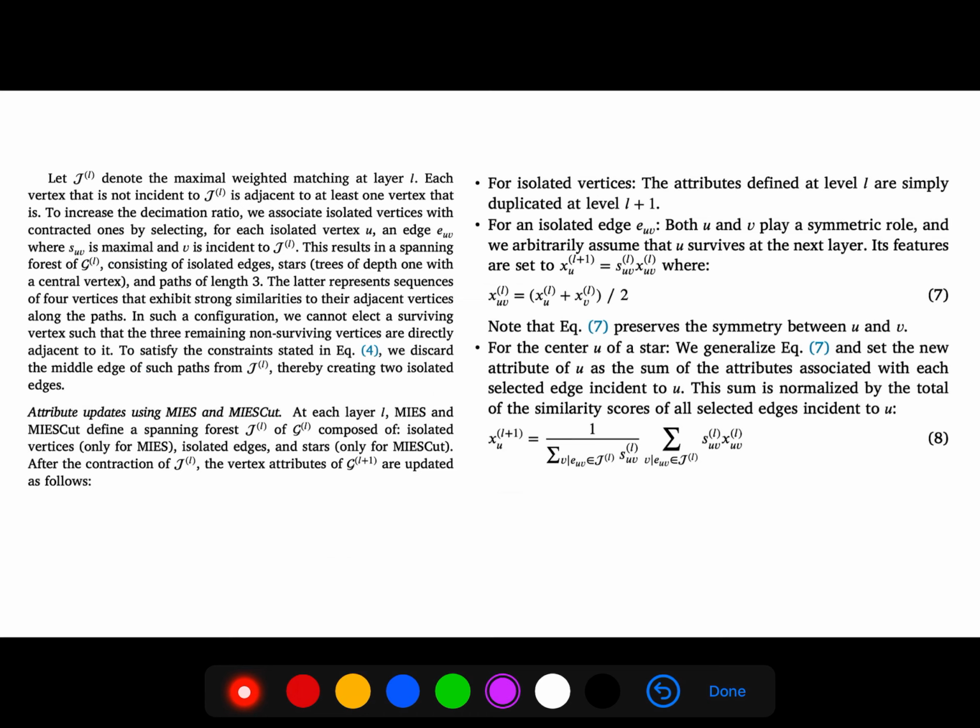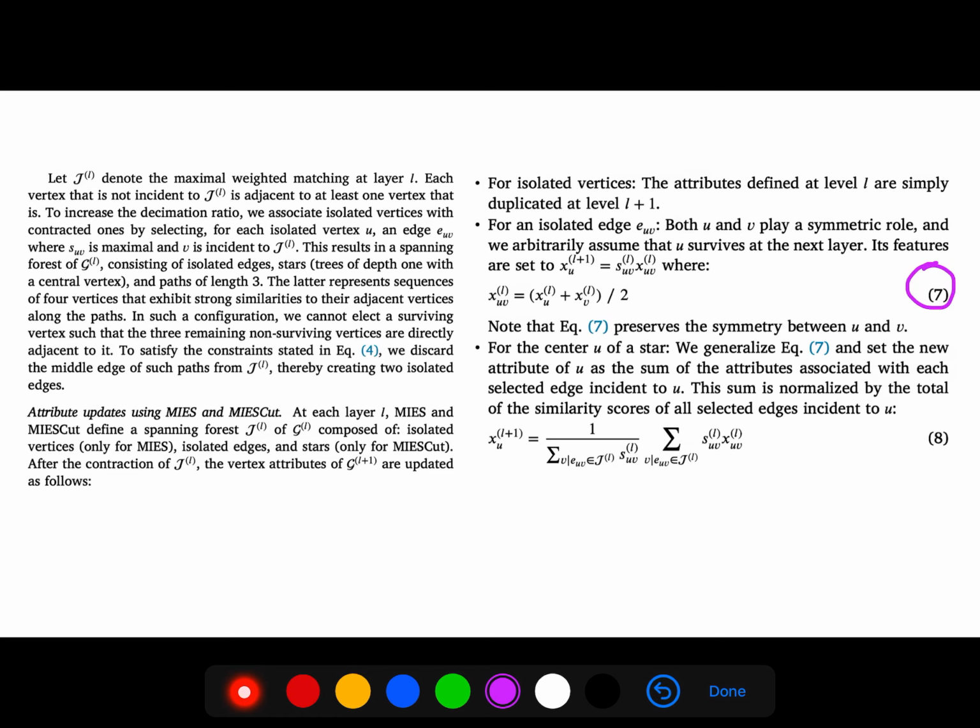So for the center U of a star, we generalize this equation 7 and set the new attribute of U as the sum of the attributes associated with each selected edge incident to U.